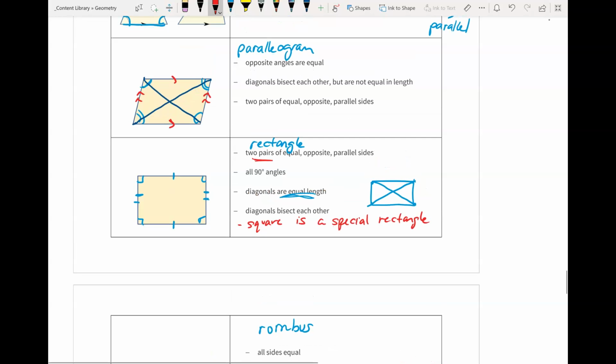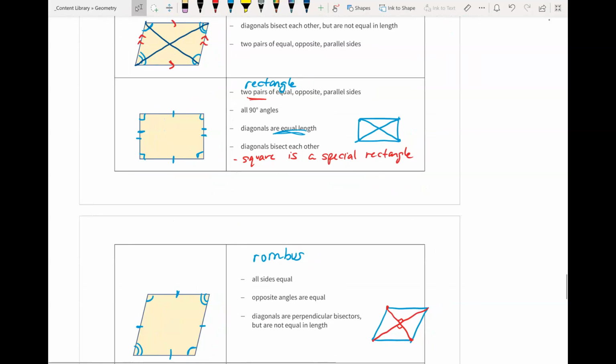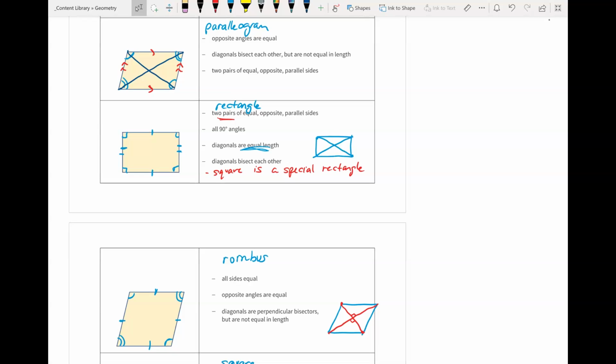And then when we look at parallelograms, it's very similar with the rhombus and the parallelogram. A rhombus is a special type of parallelogram where all sides are equal. And not only is a rhombus a parallelogram, but so is a rectangle and a square.